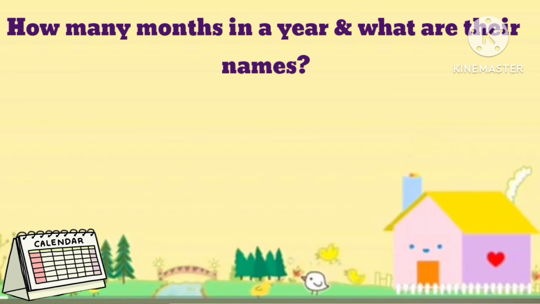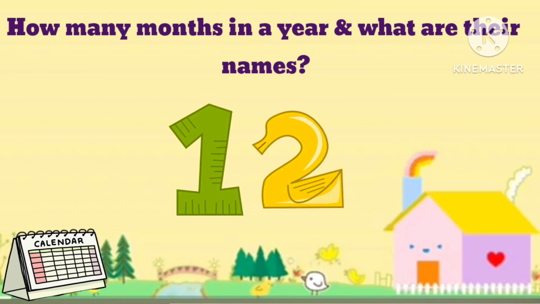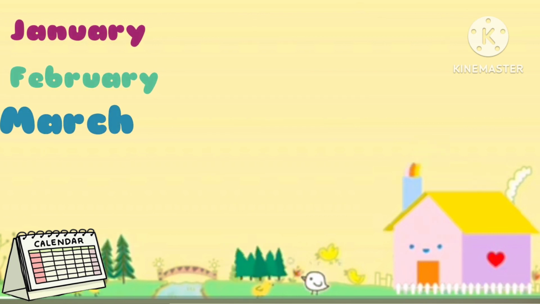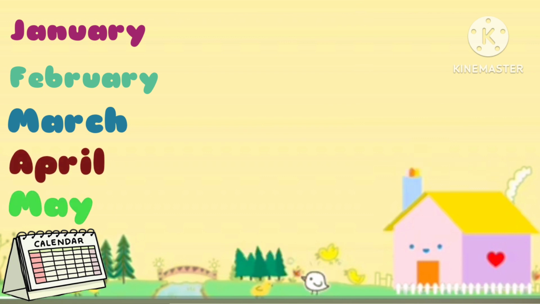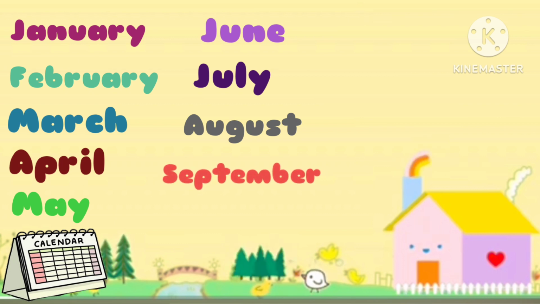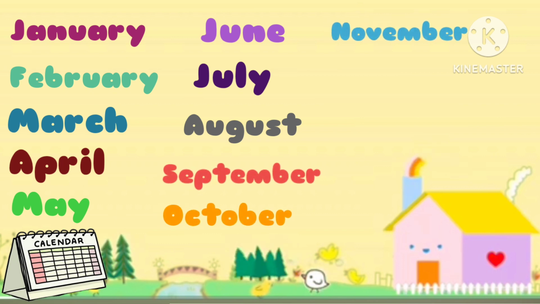Yeah, there are 12 months in a year and their names are January, February, March, April, May, June, July, August, September, October, November and December.